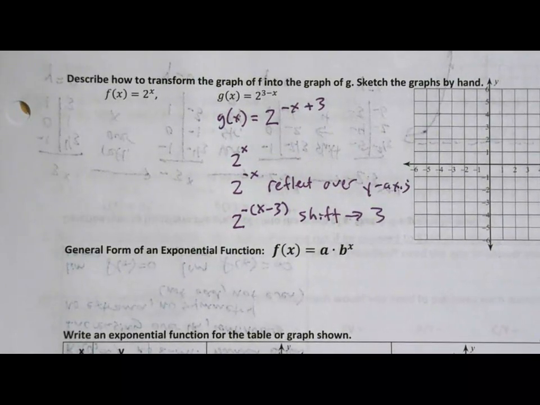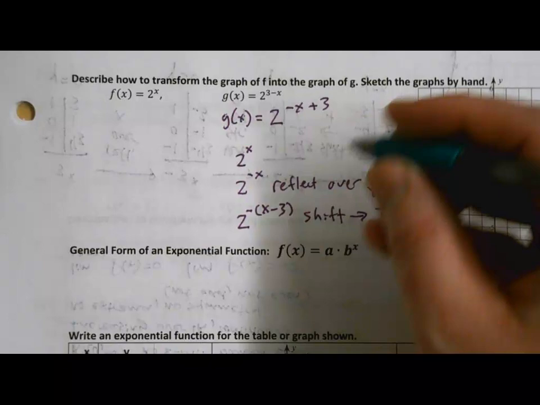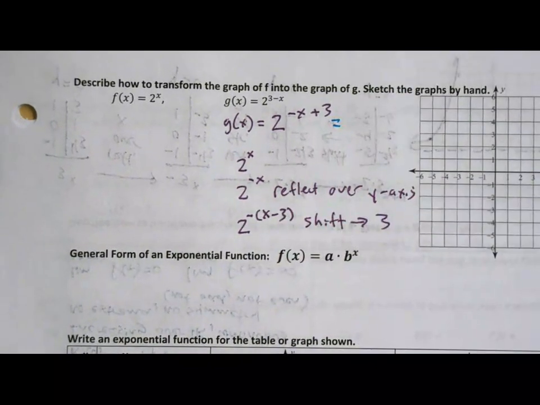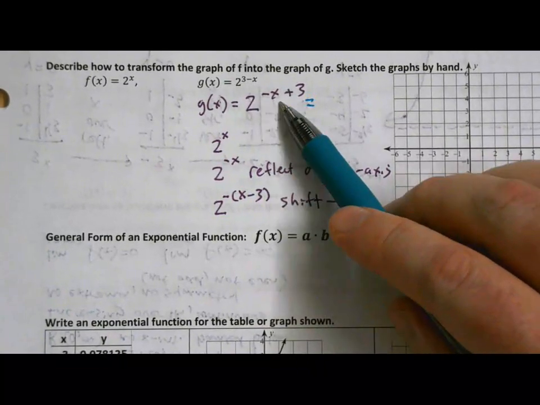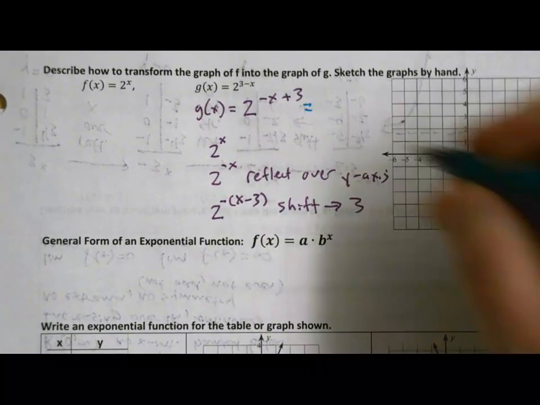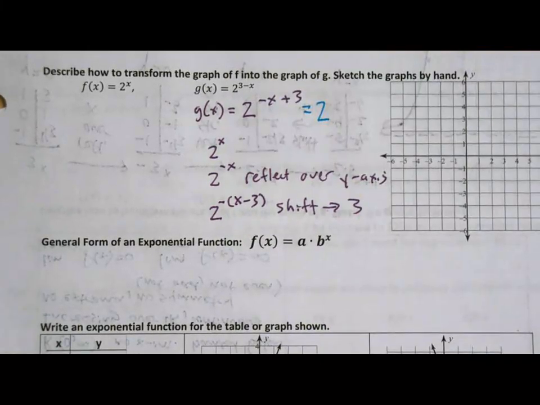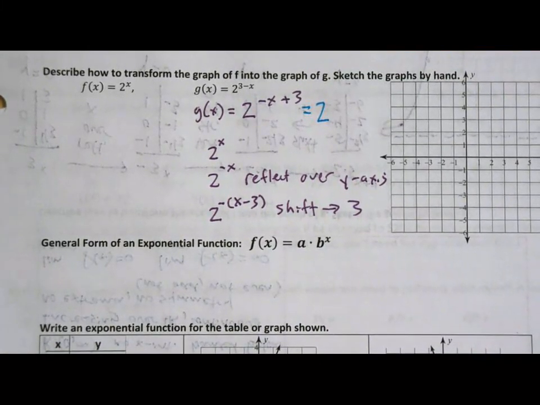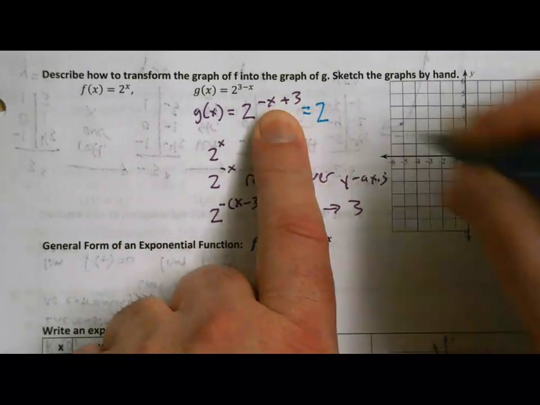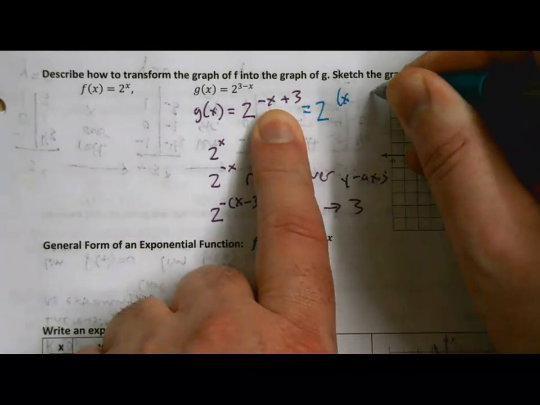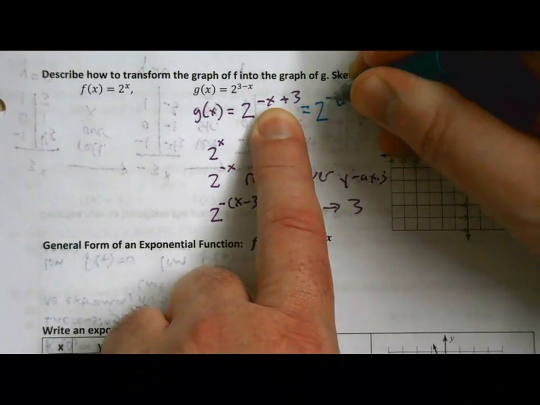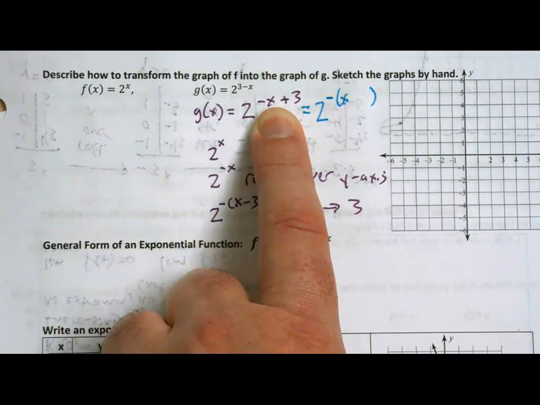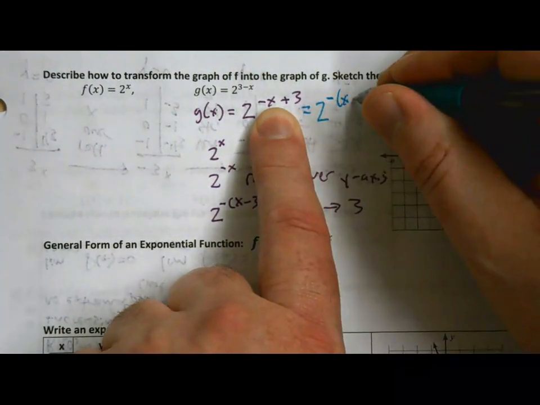So when I told you a minute ago that if I were doing this problem, I would not be dealing with this format. I would have looked at this and said, I remember there's a rule that says I can always shift last if the x is being added or subtracted inside of a set of parentheses. So I would have factored this negative out from the beginning and then thought of this as a minus 3.